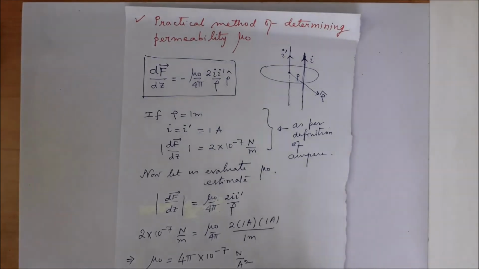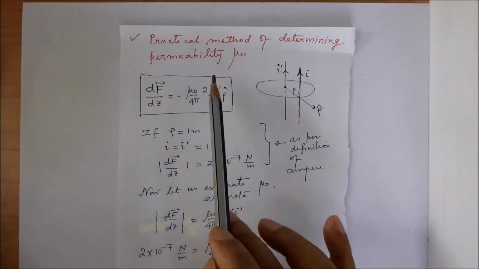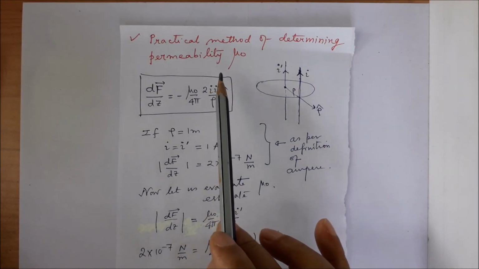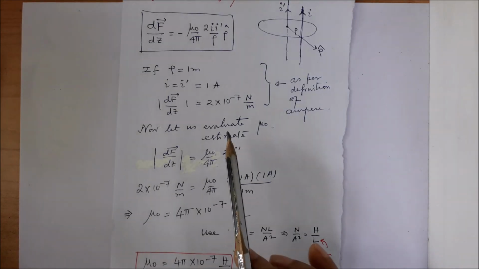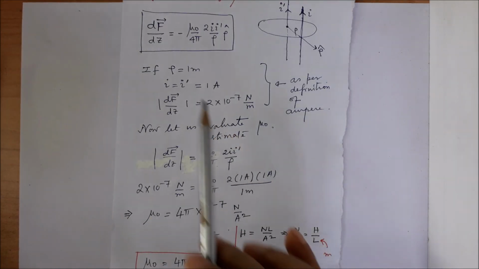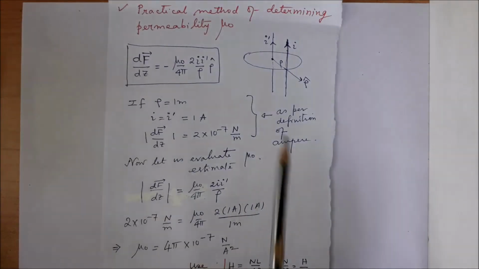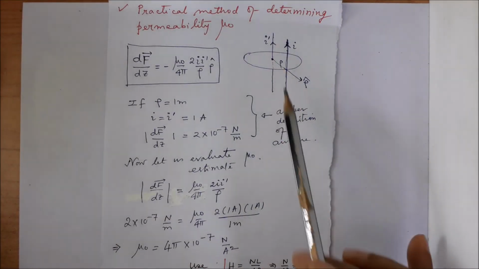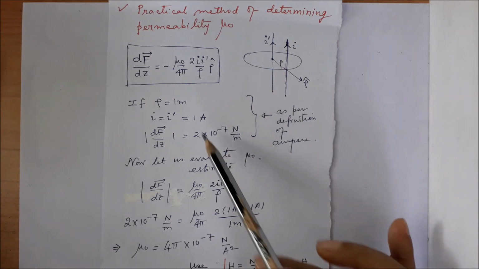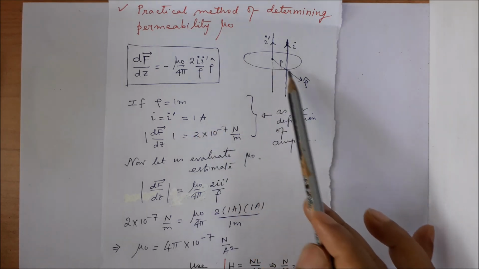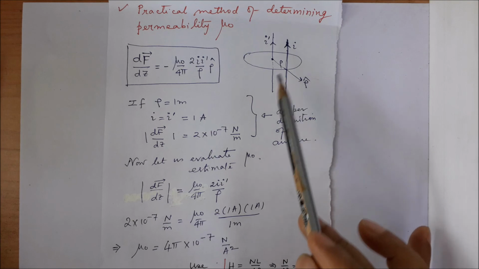And again, we always have to be careful about units. This law also gives a practical method of determining the permeability, mu 0. Suppose the value of mu 0 is not known and we wish to find it through experiment. Take two wires of infinite length carrying 1 ampere of current, separated by a distance of 1 meter.